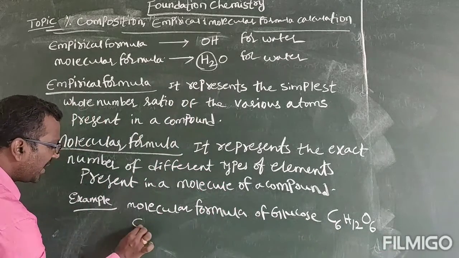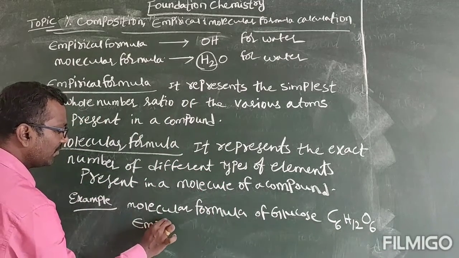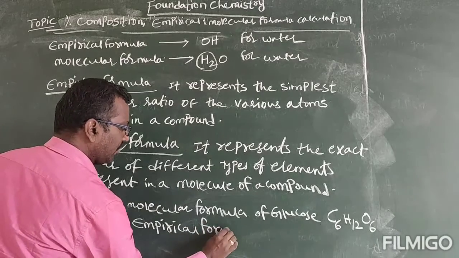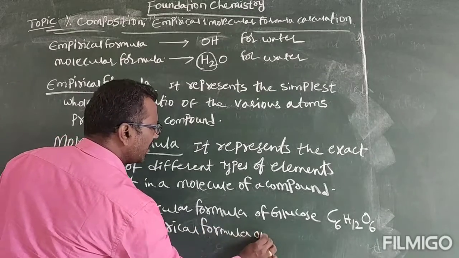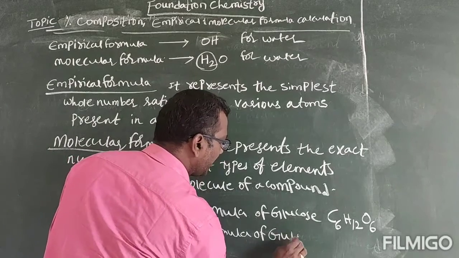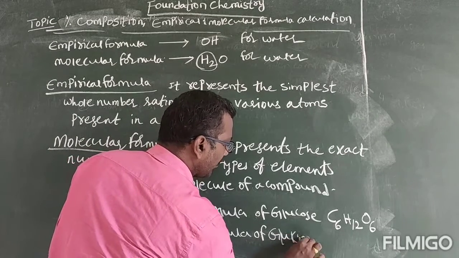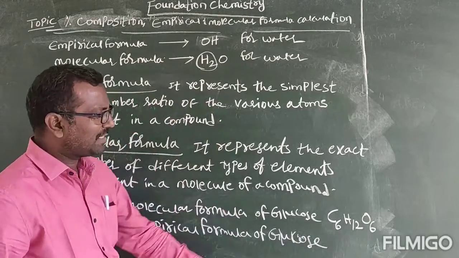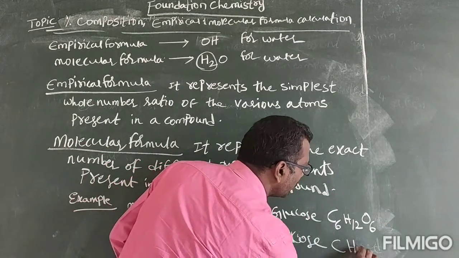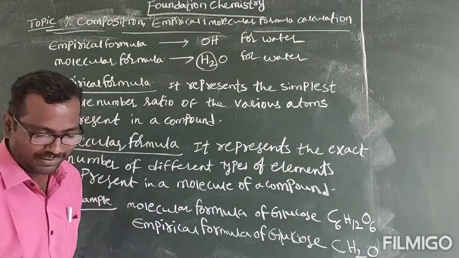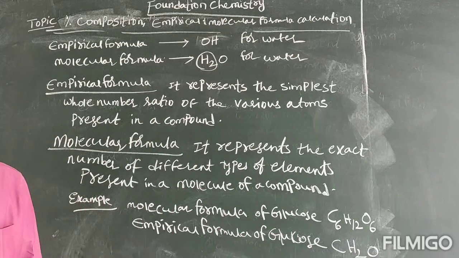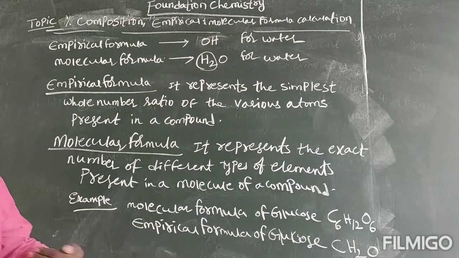But what is the empirical formula of glucose? Is it CHO? No. It is CH2O. What is the difference? Why have you written CH2O? That we will learn now.